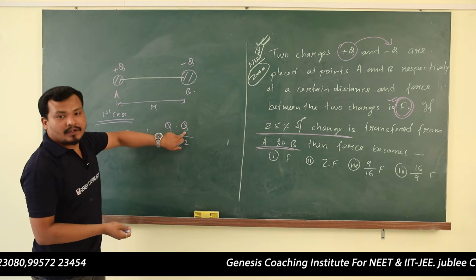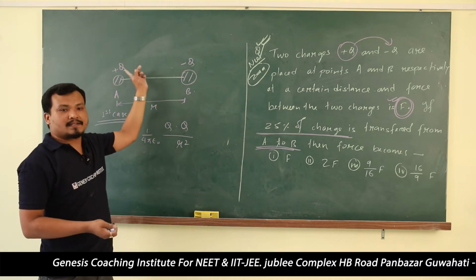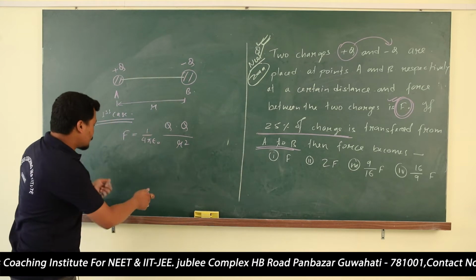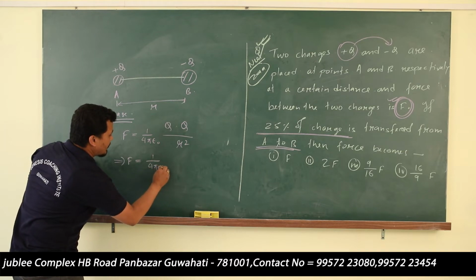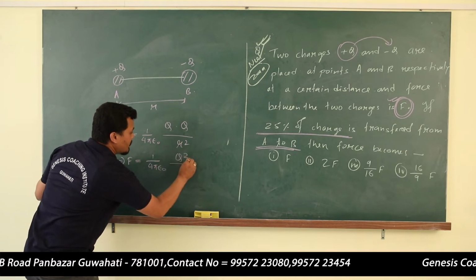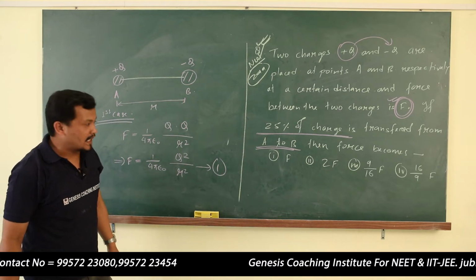Why Q into Q? Because the magnitudes of the two charges are the same. One is plus Q and the other is minus Q. So F equals 1 by 4 pi epsilon naught Q square by R square. This is the first equation from the first condition.